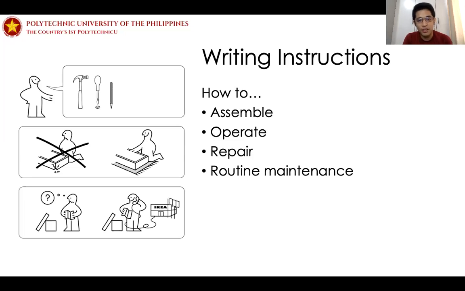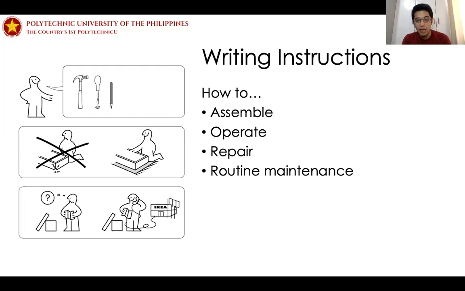That means instructions that are supposed to assemble must, at the end of the day, result in an assembled equipment. Instructions that are supposed to operate an equipment must, at the end of the day, enable the individual who received the instruction to operate the equipment. The same also with repair and with routine maintenance.